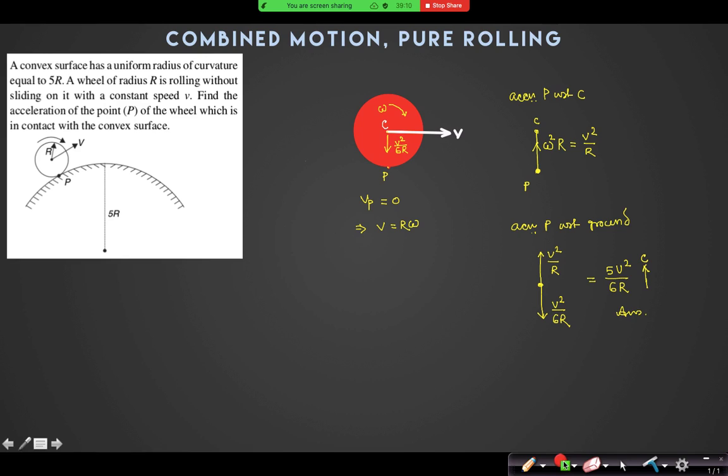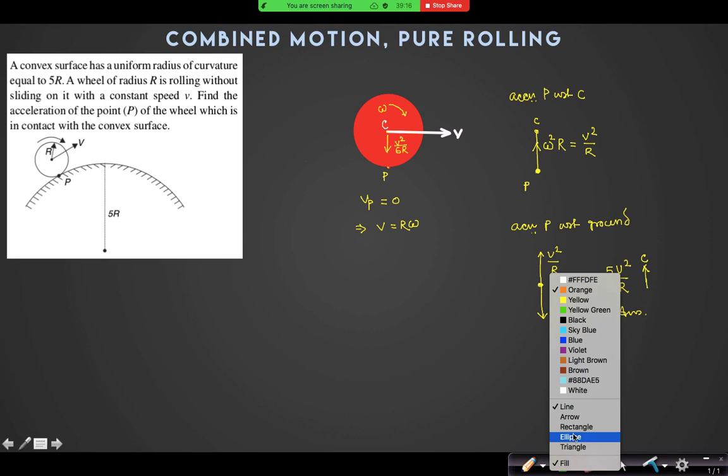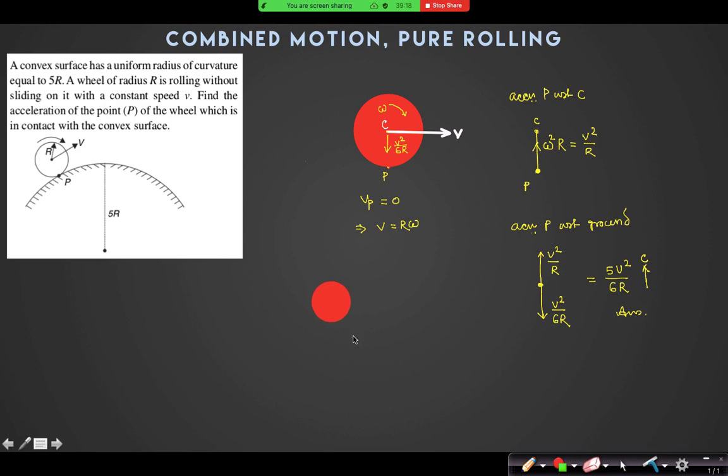Even if we have an alpha, along with this omega we have an alpha, then the acceleration of center of mass is something, suppose AC.